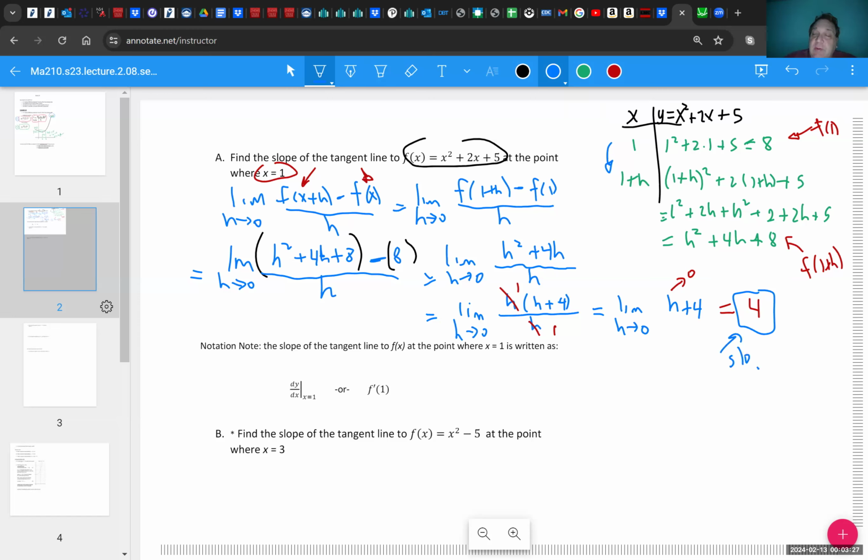That is the slope of the tangent line to the function that we were given at the point where x equals 1. I know that's kind of a mouthful, but that's the description of what we just found. We found the slope of the tangent line to a particular function at a particular point.